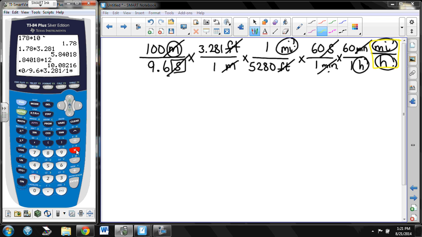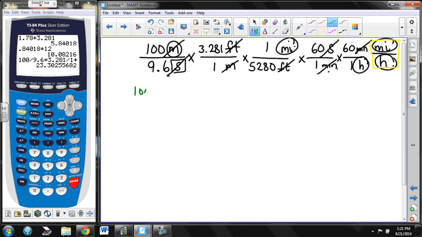And then we're going to multiply by the next fraction, 1 mile divided by 5,280 feet. And then we're going to multiply by the next fraction, 60 seconds divided by 1 minute. And then we're going to multiply by the last fraction, 60 minutes divided by 1 hour. And when we put all of that together, we end up with an answer.